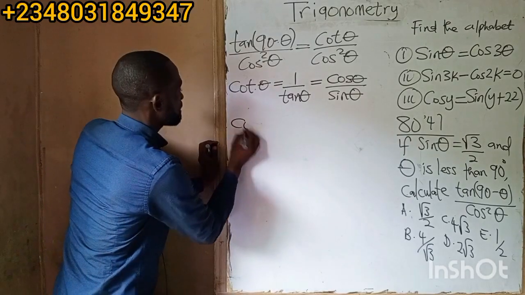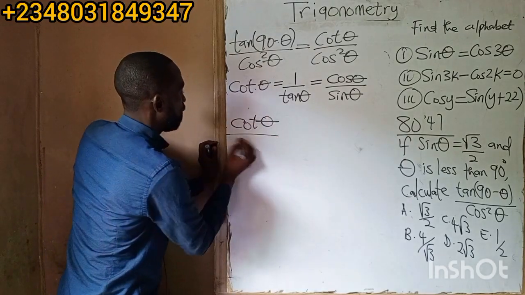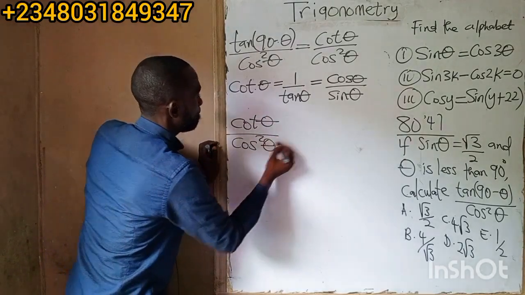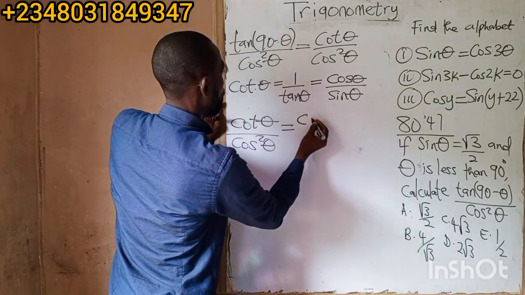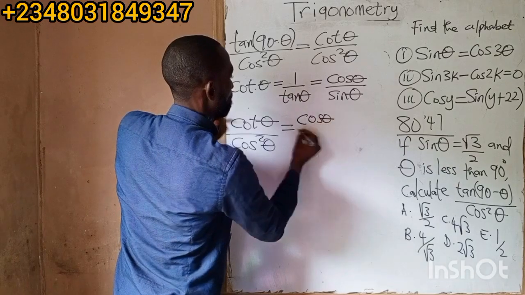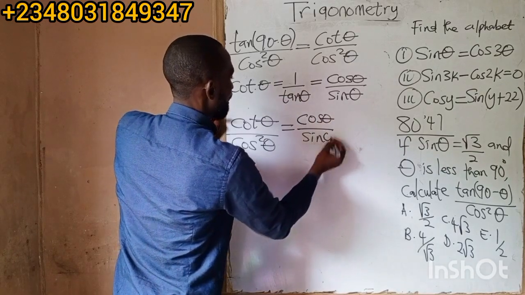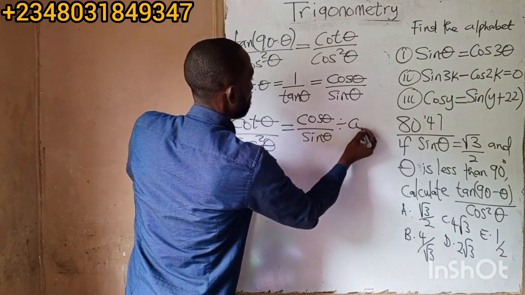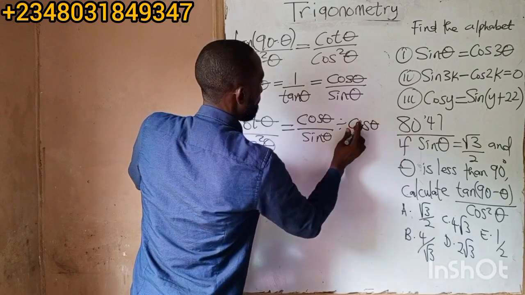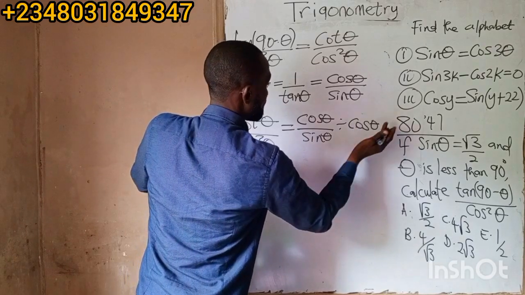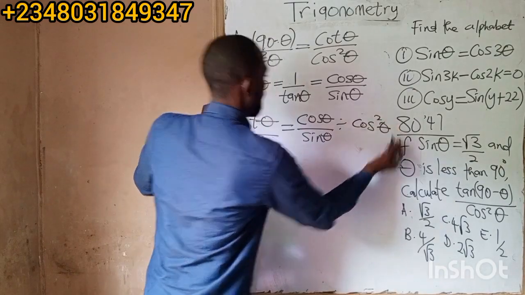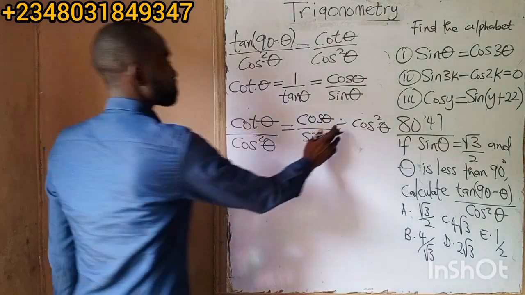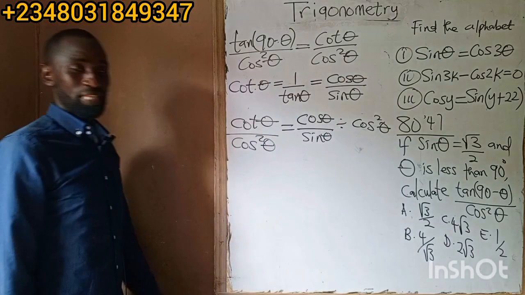So my cos theta all over cos square theta is the same thing as saying cos theta all over sin theta divided by cos theta all squared, meaning cos square theta. Can I continue? Are we together?